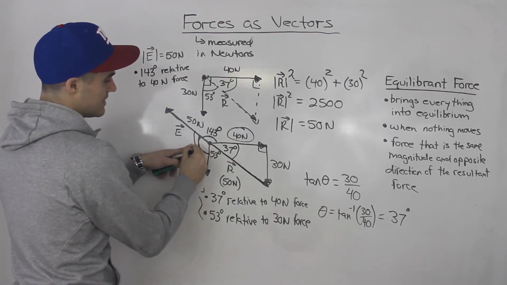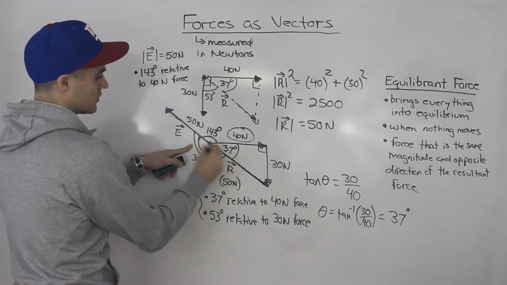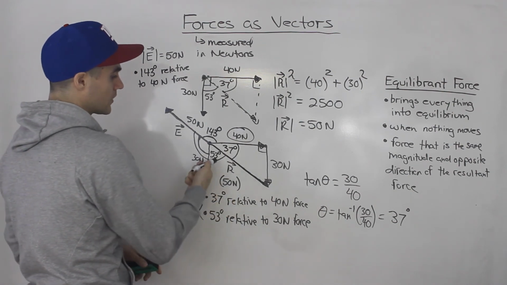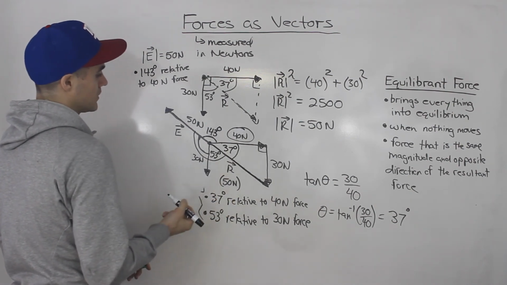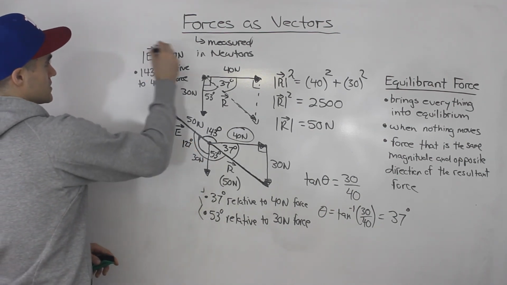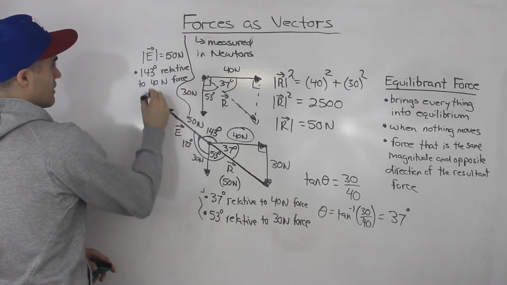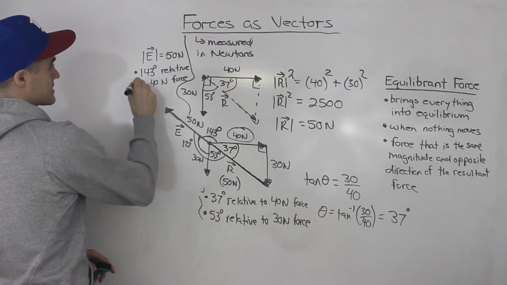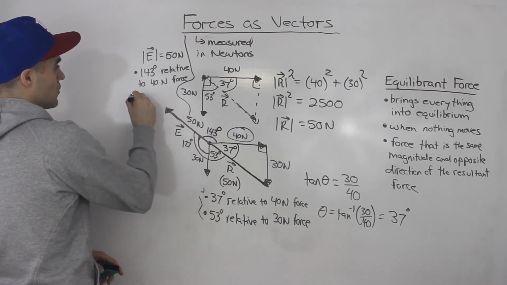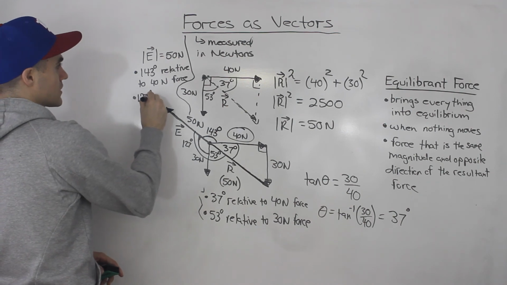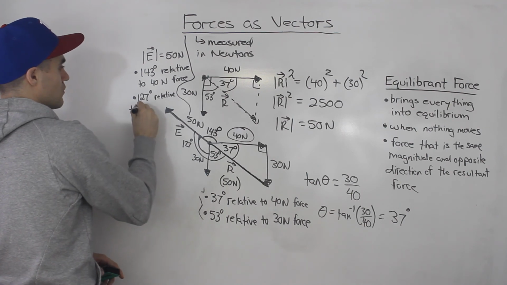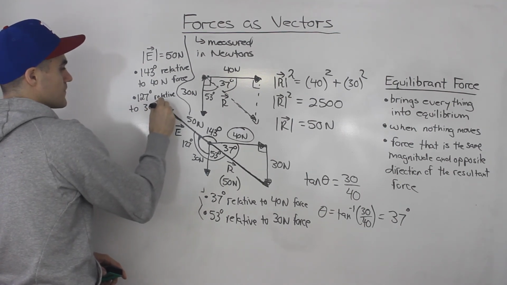So we know that this whole angle between the resultant and the equilibrium on the other side, it's 180 degrees as well. 180 degrees minus 53, that would give us what? Well, that would give us 127 degrees. So we can say that the equilibrium has a direction either 143 degrees relative to the 40 Newton force or 127 degrees relative to the 30 Newton force.